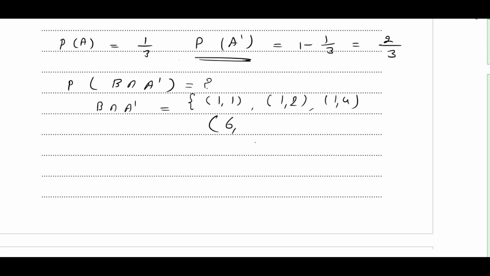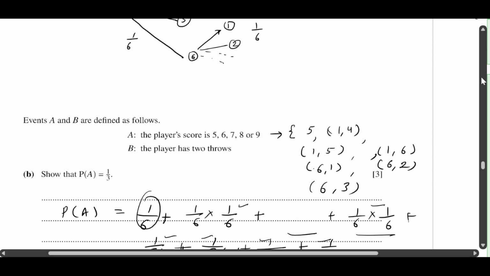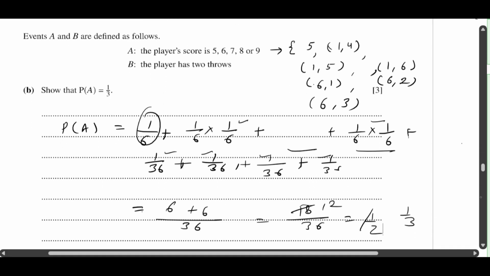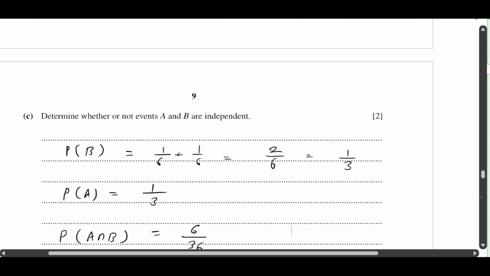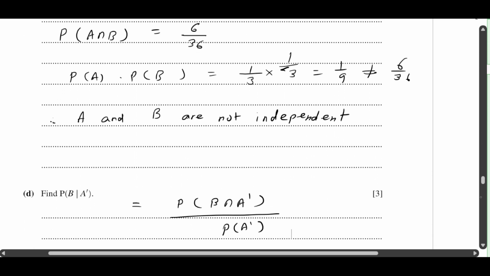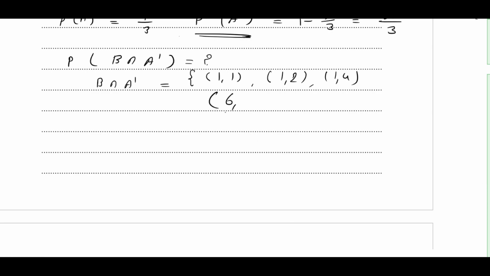Then what will happen? I will get 6, and I want a sum of 10, because 9 is there in A. Yes, 9 is there in A. I need a sum of 10. So for 10 it is 6 comma 4, for 11 it is 6 comma 5, and for 12 it is 6 comma 6.